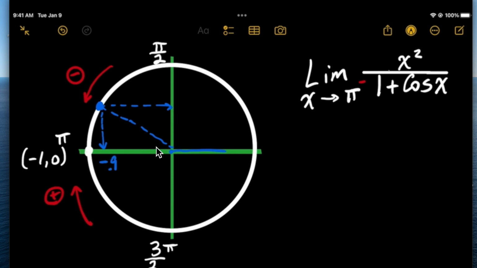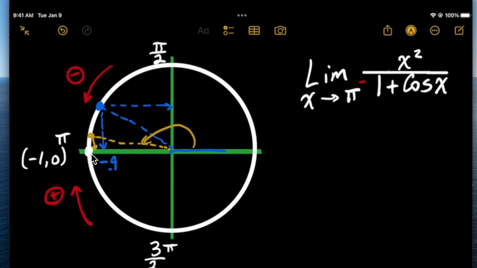Now, as the angle that we're looking at moves closer and closer to pi, let me give you a yellow angle now, here. And then I'm going to drop a perpendicular down. Again, I don't care what that angle is. I'm just looking at the trend. As you approach pi, look what happens to that x coordinate.